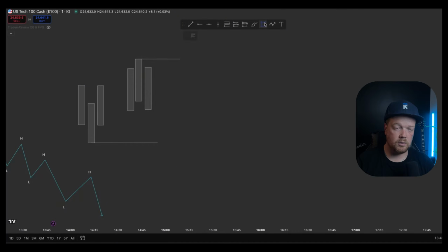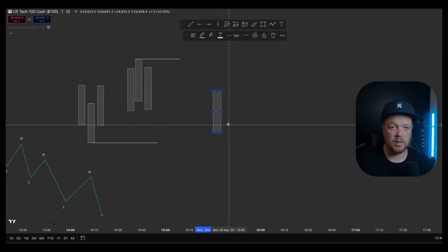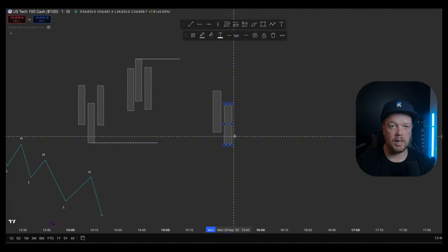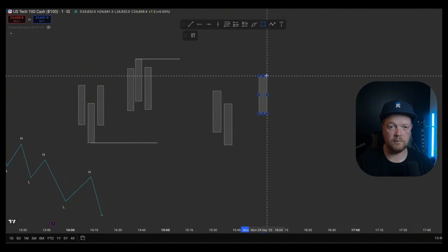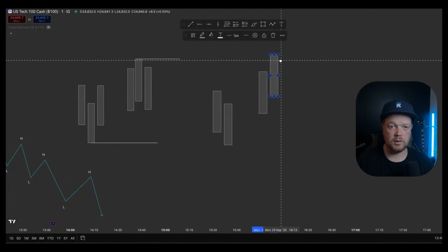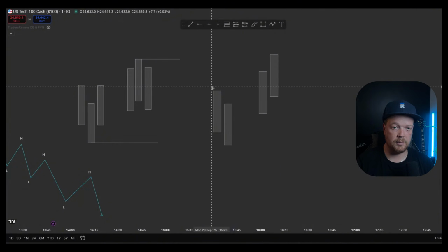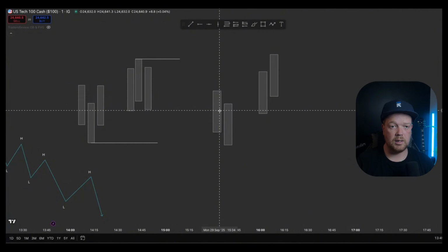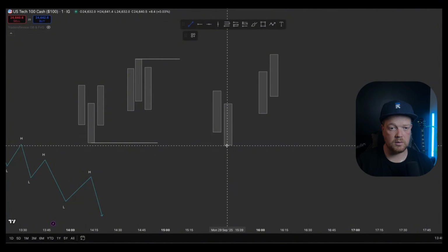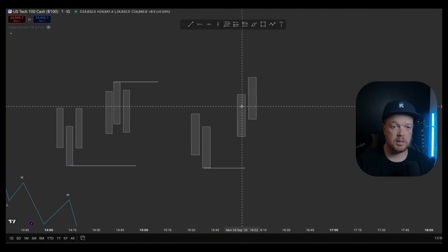So the other way you can look at highs and lows, I've been using this for a while now, is a two candle pattern. So when you have two candles, for example, like this, we are coming down. We need to have a down candle and an up candle, right? And then you're going to take the lowest point of these two candles and it's going to form your low. Same with the highs.